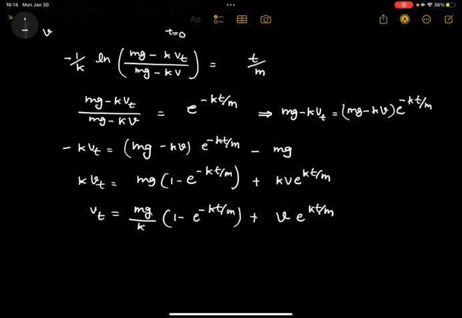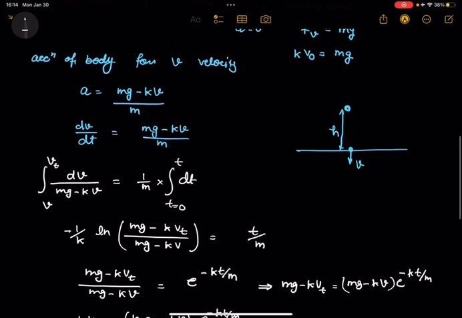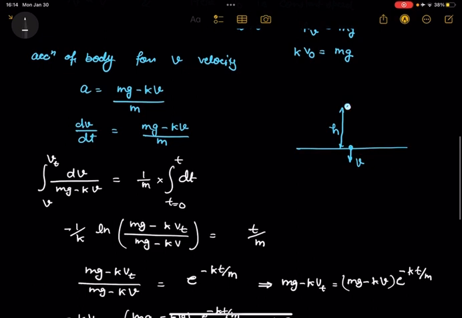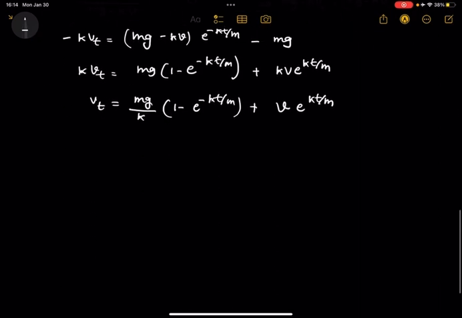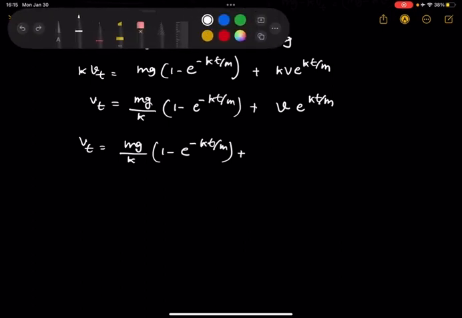Understood? If you release the stone from a height h, the velocity is under root 2gh just before it hits the water surface. So k vt is mg into 1 minus e to the power minus kt by m, plus v into e to the power minus kt by m, where v is under root 2gh.